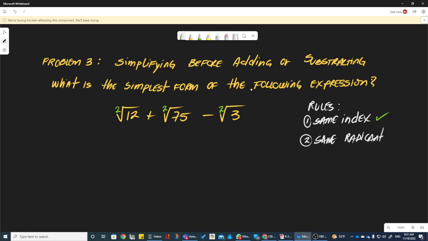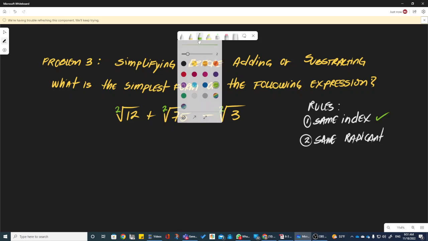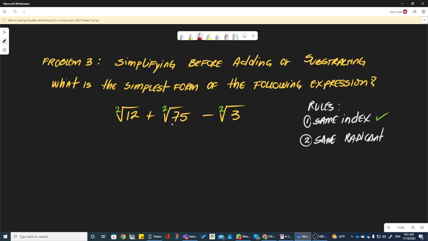Okay, now 12, 75, and 3 are not the same radicand, so we did not pass this rule. The only way we can combine these three figures is if I can make the radicand be the same in every case.